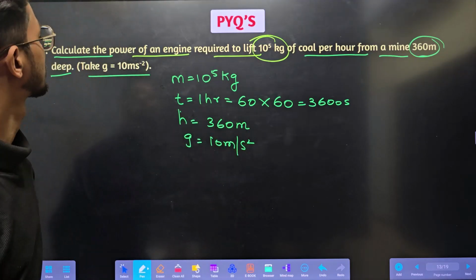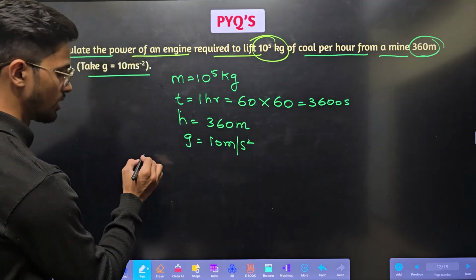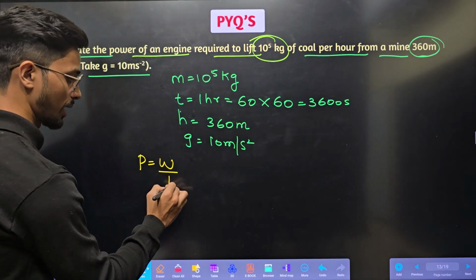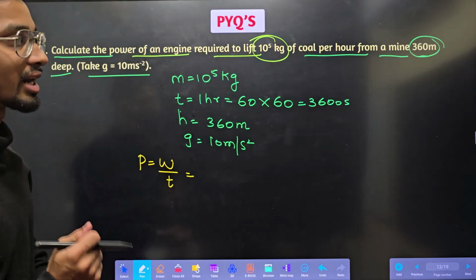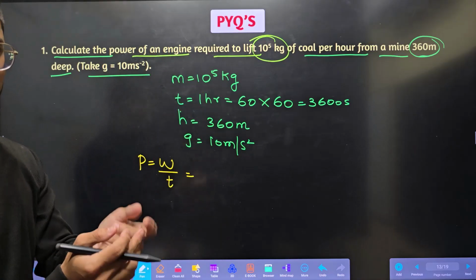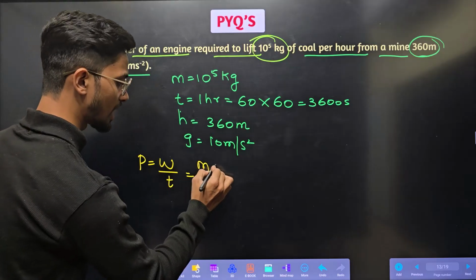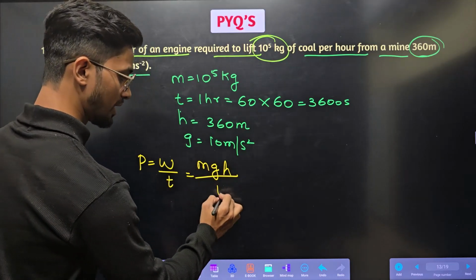Now what do we have to solve? Power. What is the formula for power? Power is work by time. Work is done against gravity, because we are lifting. The force is the same as gravitation, so work is mg into displacement h, divided by time t.